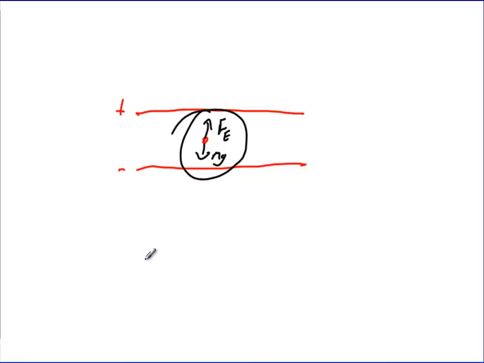If these two are balanced, the particle is either going to fall at a constant velocity or stay in one spot. Then we can say mg equals Fe, and this is actually how a guy named Millikan figured out the charge of an electron. You can read about it in your book on page 573. It's a pretty cool experiment.